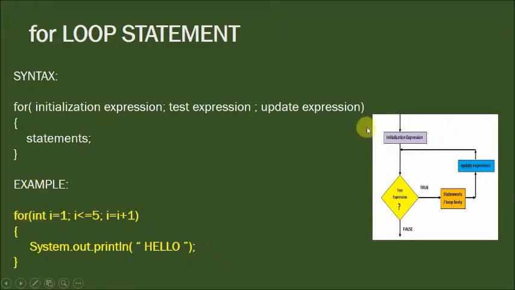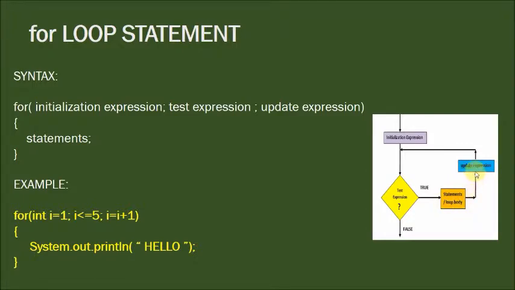So let us understand first the flowchart of this. In this, the initialization expression is executed only once. It is outside the loop. After the initialization expression is executed, the flow of control or the program control comes to the test expression. It checks whether the test expression is true or false. If the test expression is true, statements or loop body is executed.